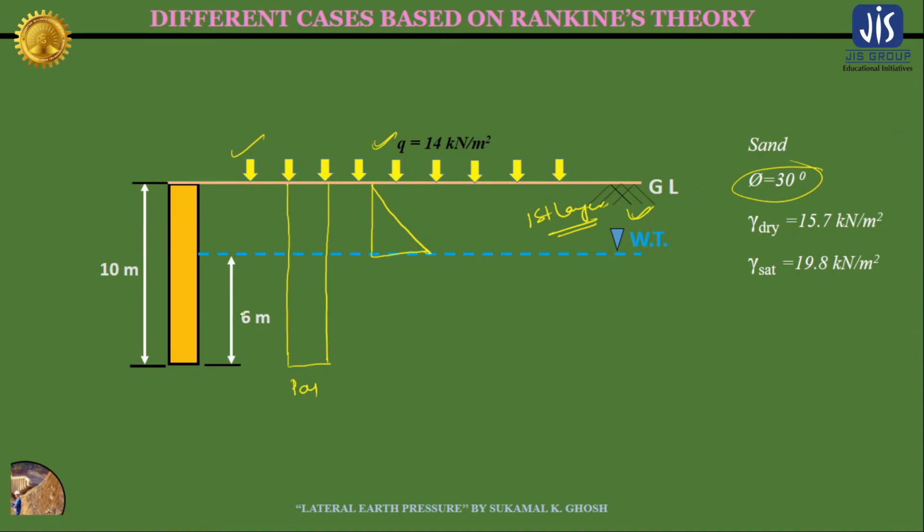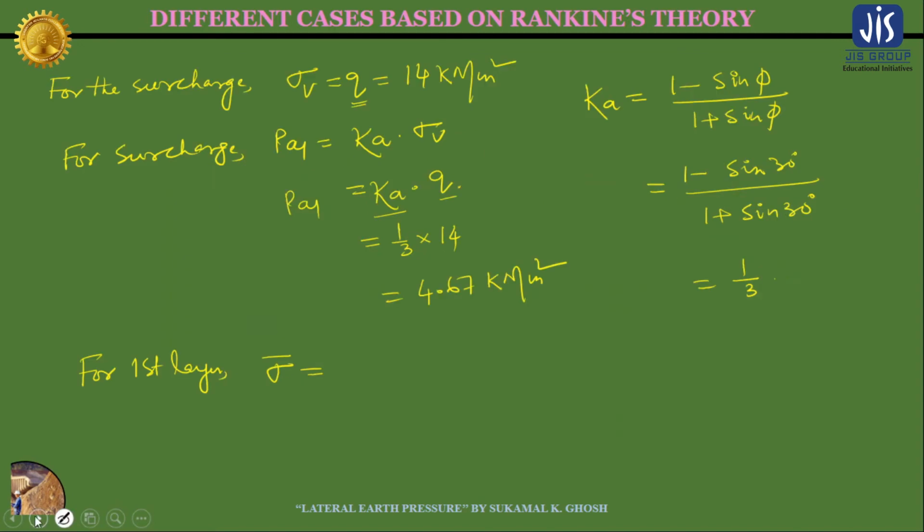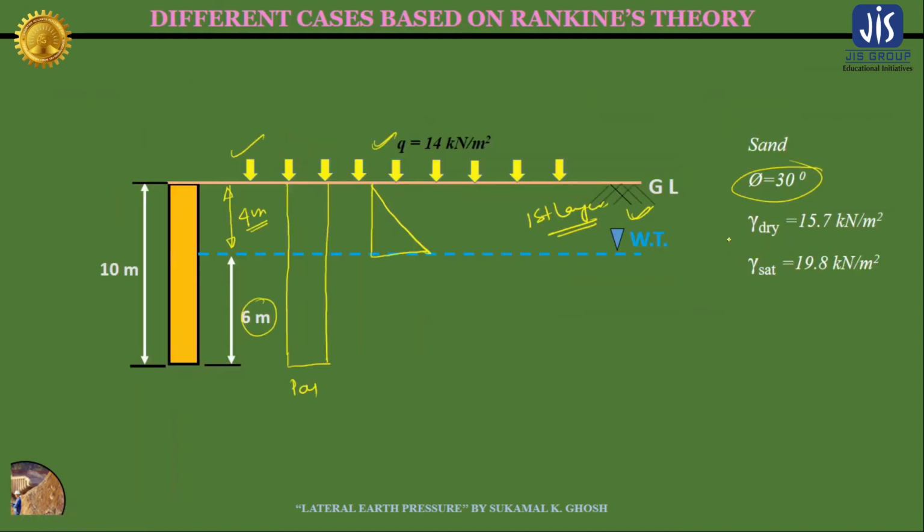See, if this is 6 meter, then it is 4 meter, right? So this effective stress will be 4 into the gamma dry, right? So it will be equal to 4 into gamma dry. The value of gamma dry is 15.7 kilonewton per meter cube.